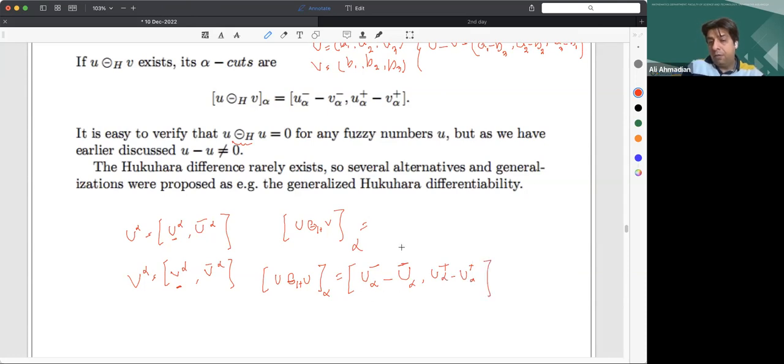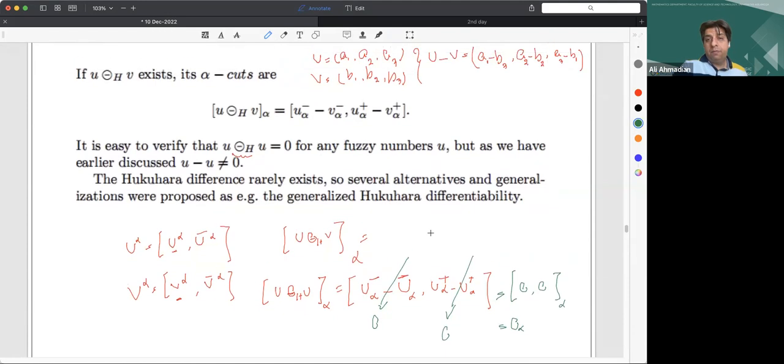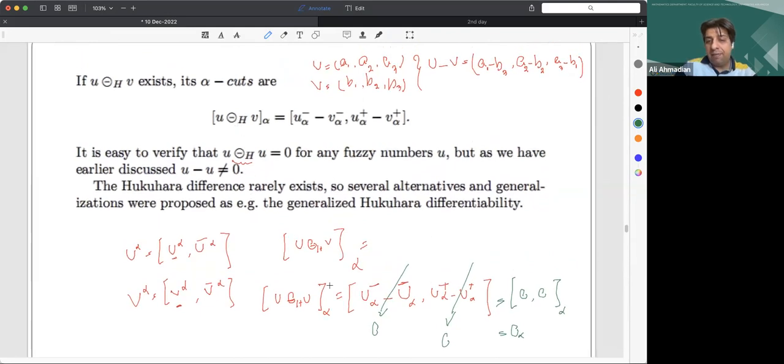Then this is equal to 0, and this is equal to 0. So what we have is 0 alpha, which is equal to 0. You can see that if we use the Hukuhara difference, then we do not have any problem.